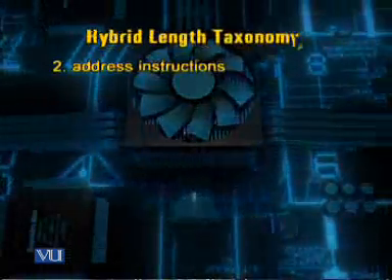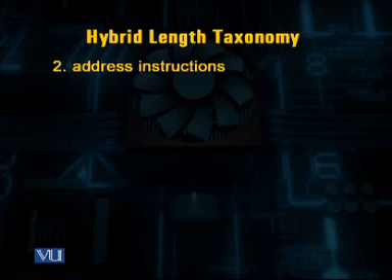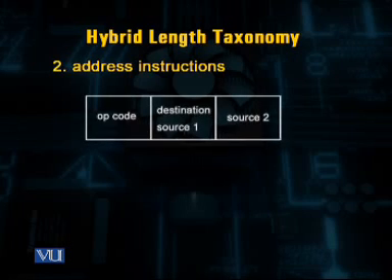The third type of this hybrid length instruction word format is known as the 2-address instruction. The 2-address instruction is one where, following the opcode, the first field defines both the destination as well as the source address of the operand 1, and the second address field defines the source address of the operand 2.